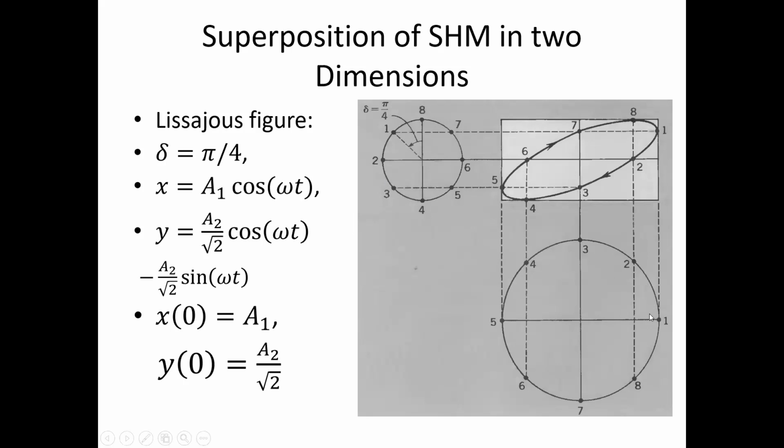As you can see, x0 is a1, where the particle has x displacement a1 along the x direction, and along the y direction we have also positive a2 by root 2. So this is the actual point where the particle is at t equal to 0.